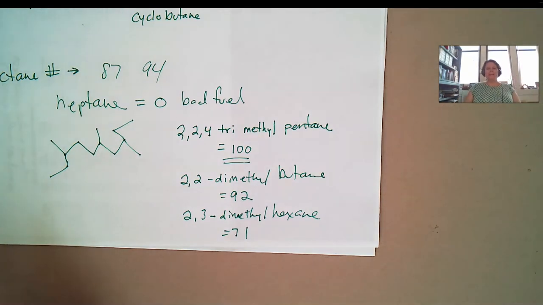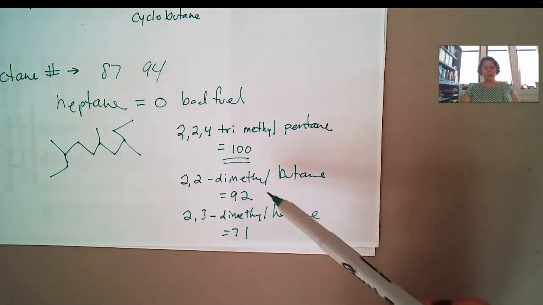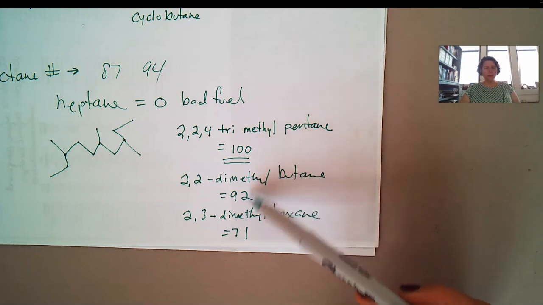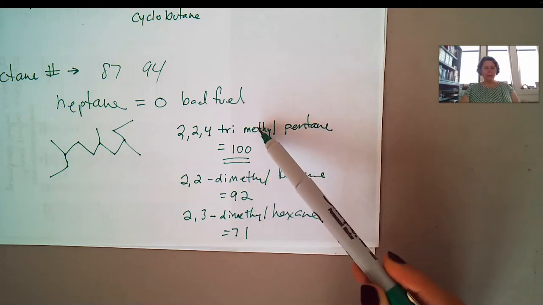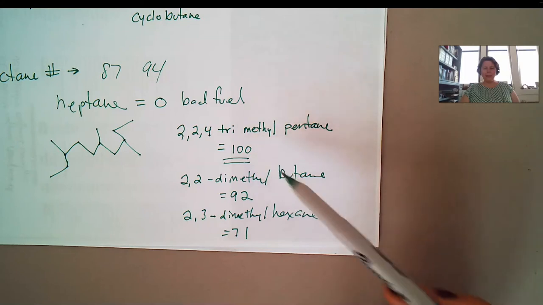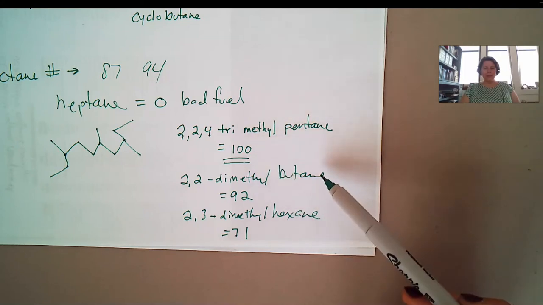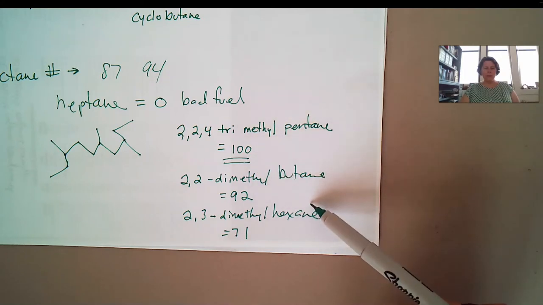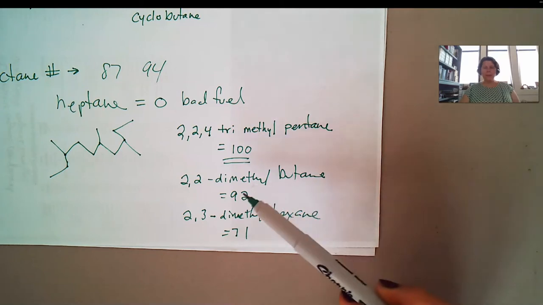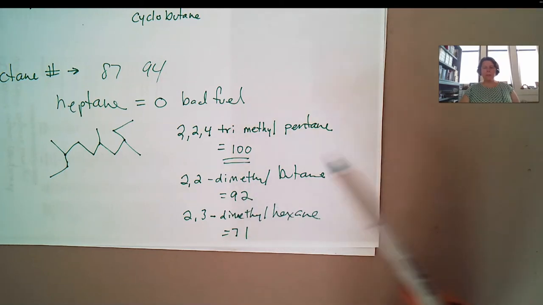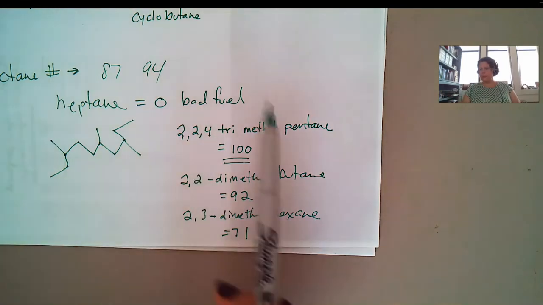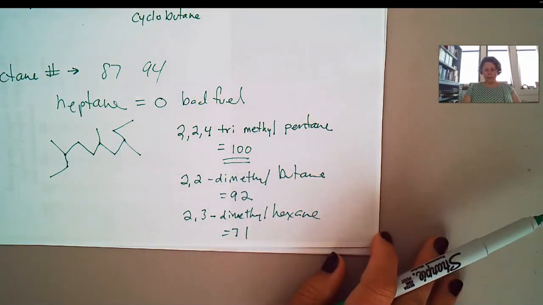What's the difference between these? They have dimethyls, so as soon as we add one more branch, it brings up the rating. This one only has 4 carbons, this one has 6 carbons, but because it's not as branched compared to its core, it gets a lower octane rating.